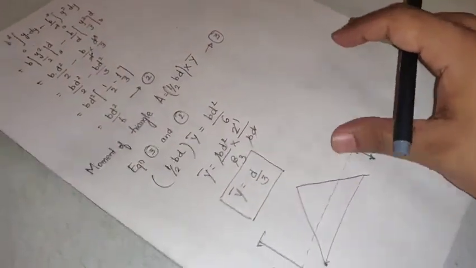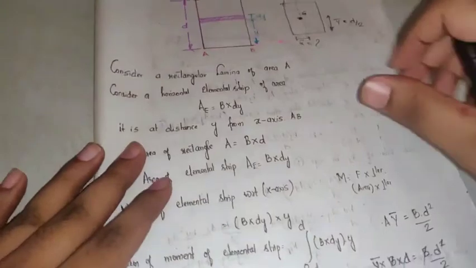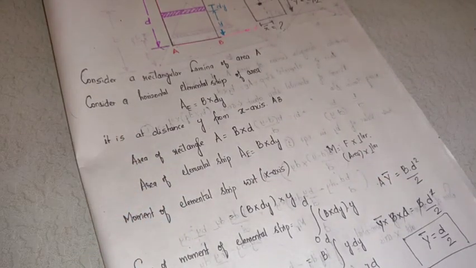So this is about the centroid of the triangle and also the centroid of the rectangle. Hope you followed this part. In the next part I'll take up the next geometrical shapes and their centroids. So please follow the assignment: solve for x bar for the rectangular shape and submit.